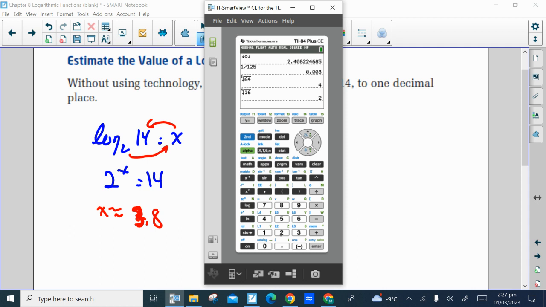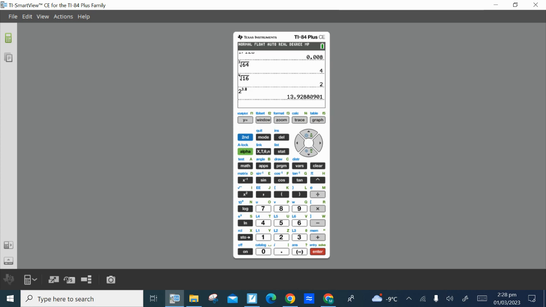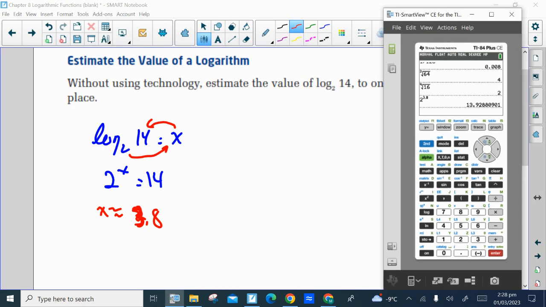If you went 2 to the power 3.8, that's pretty close to 14. You might remember we saw before that we could use our graphing calculator to find a more accurate estimate by graphing.